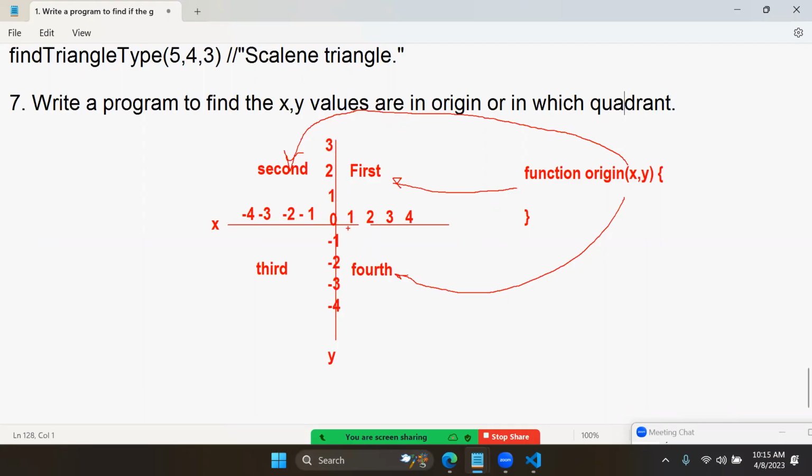If x value is greater than 0 and y value is less than 0, then which coordinate is it? Fourth. If x equals 0 and y equals 0, then it should say it is in the origin. Understood? Write a program for this.